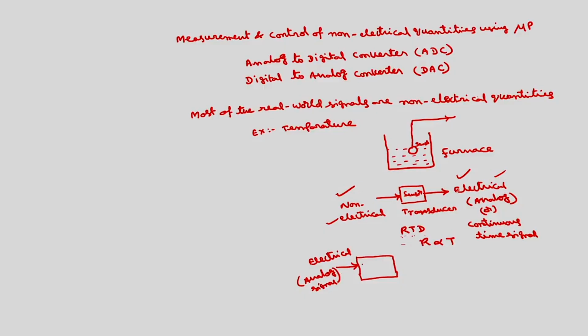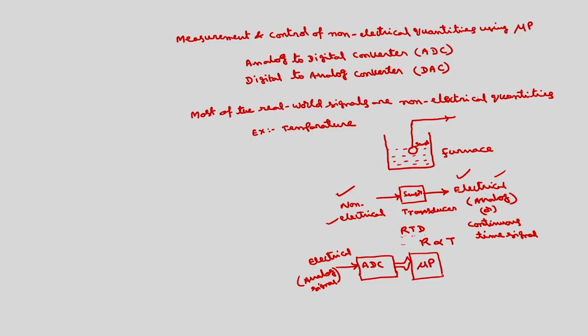So for that what is required is an A to D converter, analog to digital converter. Now we will get digital data, which will be bits, and I can connect this to the microprocessor. This microprocessor can be any microprocessor. In this course we are discussing 8086, but this can be any microprocessor.